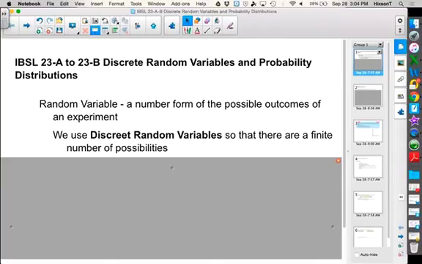One of the things that you can kind of keep in mind that will help you distinguish between the two is that when we're talking about discrete variables, we're typically talking about things that we can count. All right? So we're counting the number of people with this given characteristic. We're counting how many of a certain thing fall into this category.